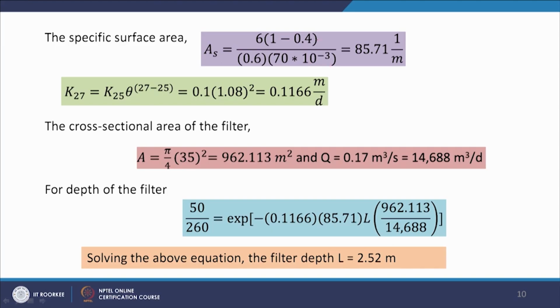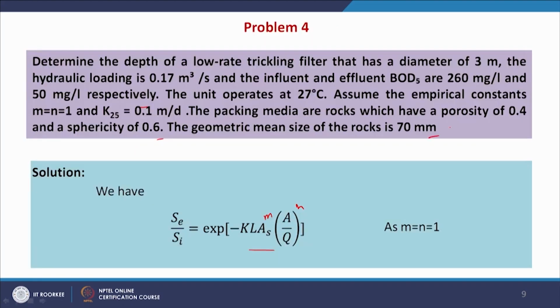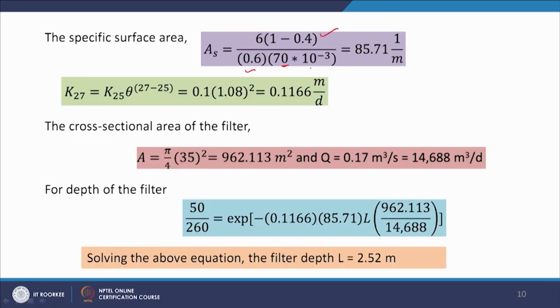This formula we have seen in our previous class. By putting in the porosity 0.4, the sphericity 0.6 and the diameter 70 millimeter, we will have to convert it into meter, so multiply it with 10 to the minus 3. So, we are getting 85.71 per meter, that is meter square by meter cube basically.